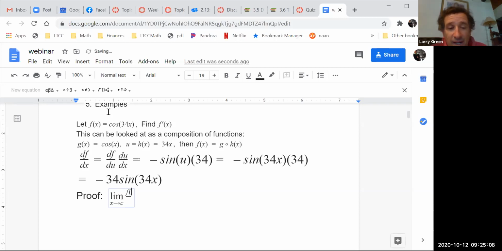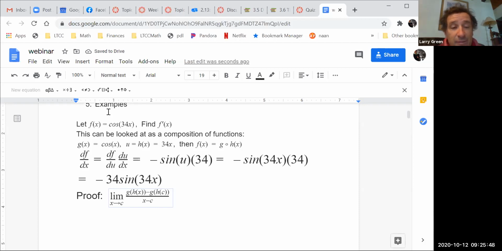So it's f of g of x. Or actually, if we're writing it the way I have my example, it's g of h of x minus g of h of c, over x minus c. Does that ring a bell?